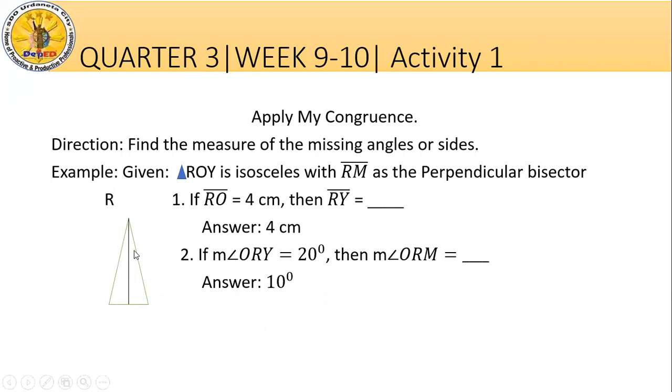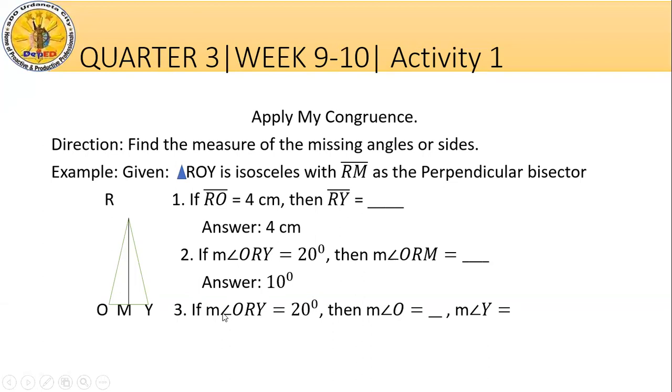Since the measure of angle ORY is 20 degrees, and that is the vertex angle, it is bisected by line segment RM. So it is divided into 2. So 20 divided by 2 is equal to 10.